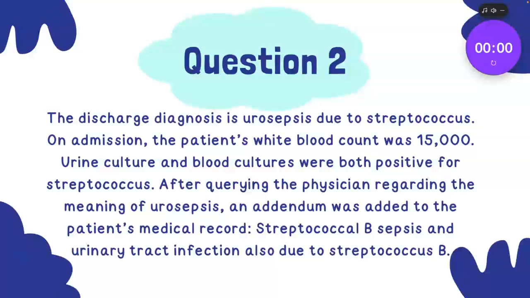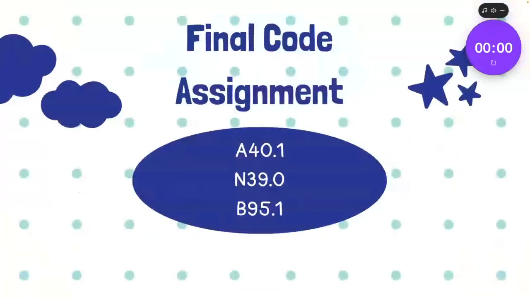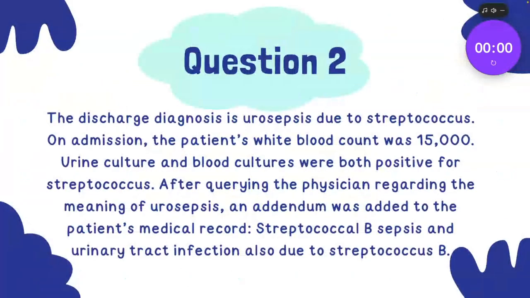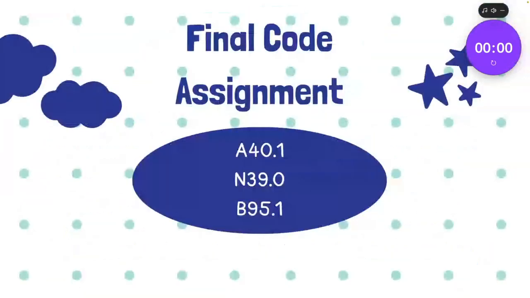All right, so I will reveal the codes. First up, we have A40.1, which is the code for the streptococcus sepsis.